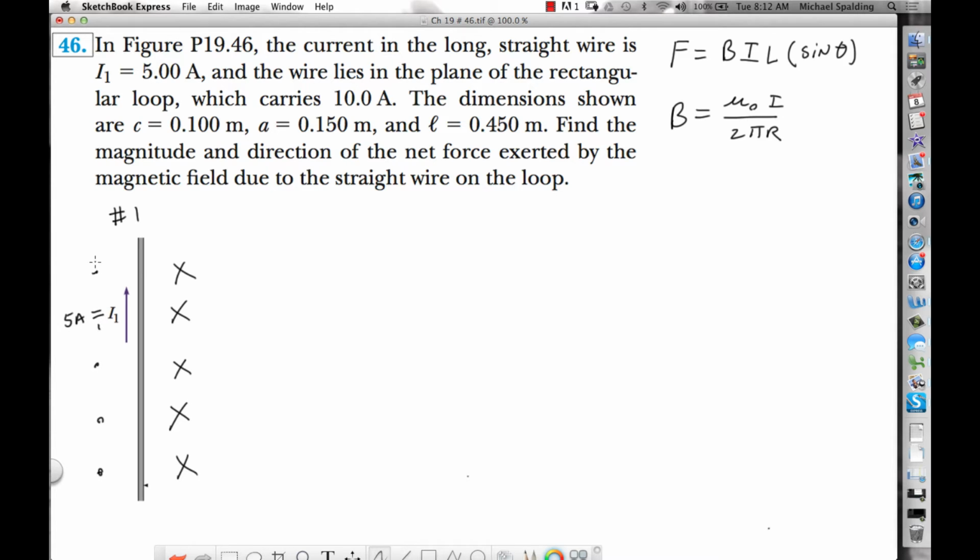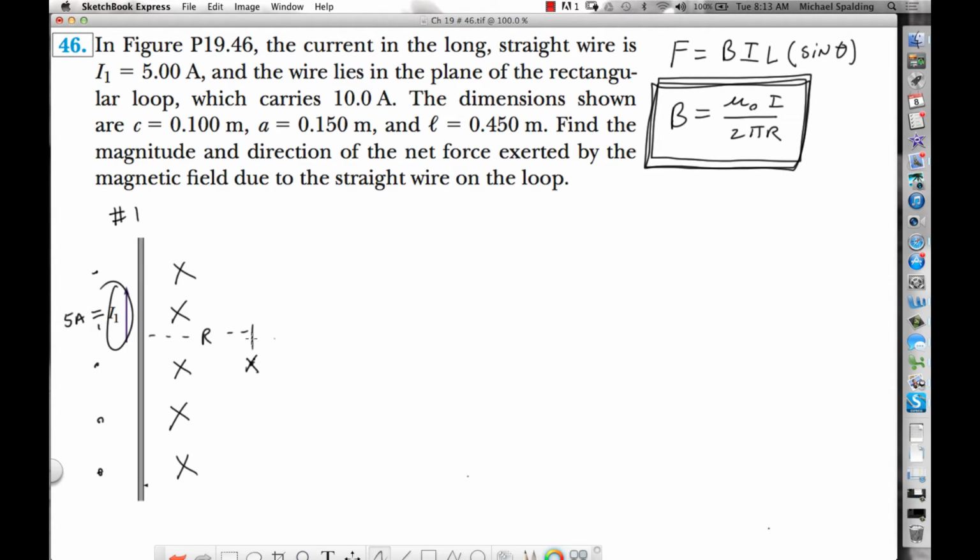Now, how do you find the strength of a magnetic field around a wire with a current in it? Well, you're going to use this equation right here. This is the equation for finding magnetic field at a distance from a wire. So for example, if you wanted to find the magnetic field at this point right here, R is the distance from the wire, I1 is the current, mu naught is a constant, okay?